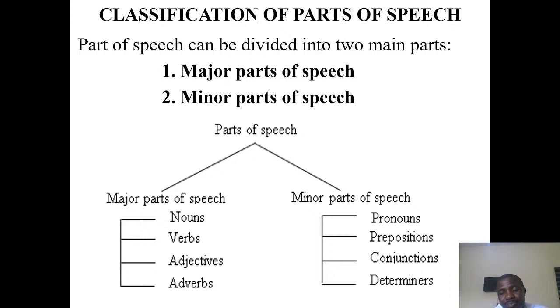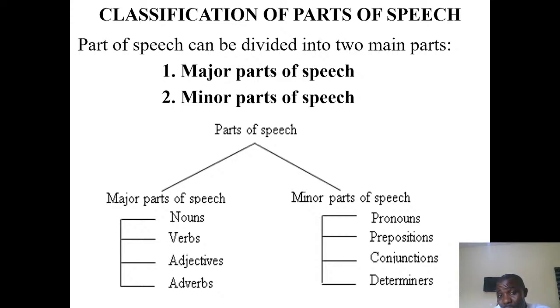Why do we separate them? The reason is that the ones we classify as major parts of speech are not limited in number. Every day we can coin nouns, verbs, adjectives, and adverbs.